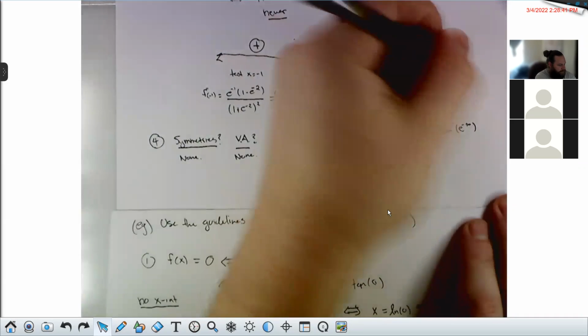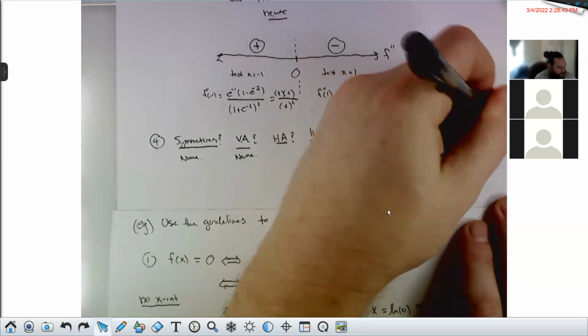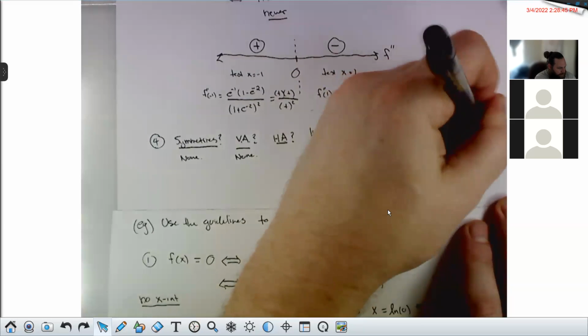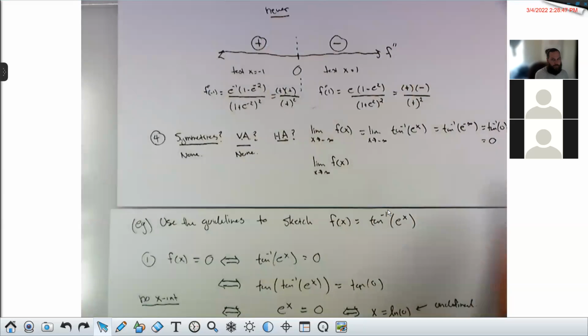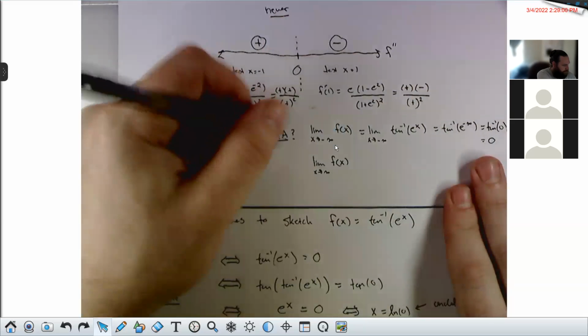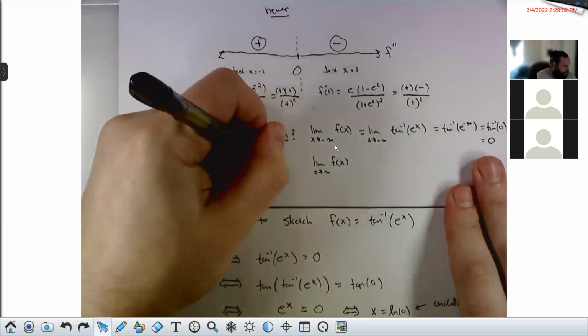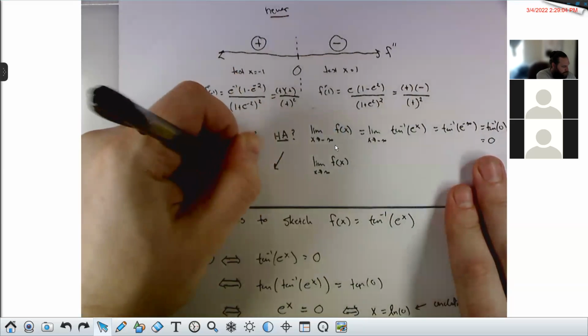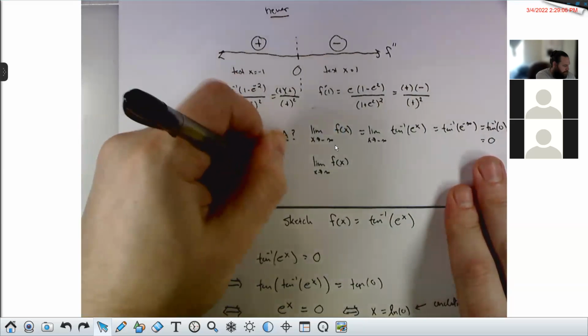So this is the inverse tangent of 0, and that is 0. So on the left, as x goes to negative infinity, we will have the horizontal asymptote y equals 0. I'll write this over here: y equals 0, and this is on the left.